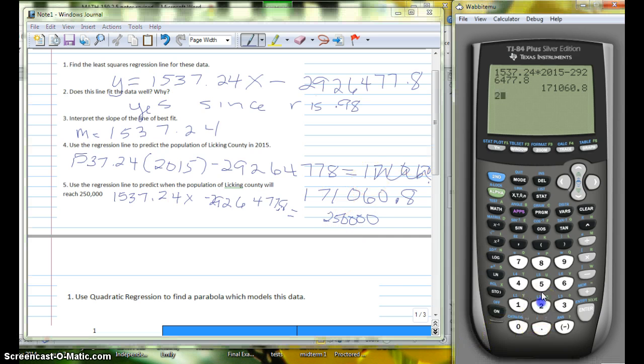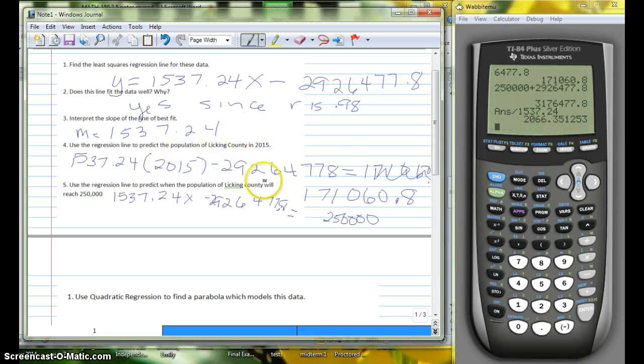So we would take 250,000, add the 2926477.8, and then divide by 1537.24. We would estimate that in about the year 2066, the population would reach 250,000 if it kept growing at this rate.